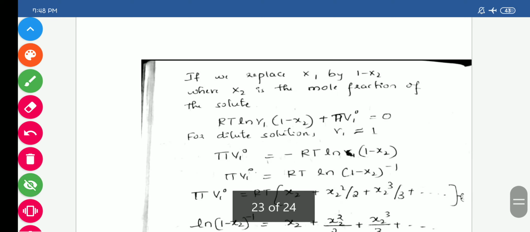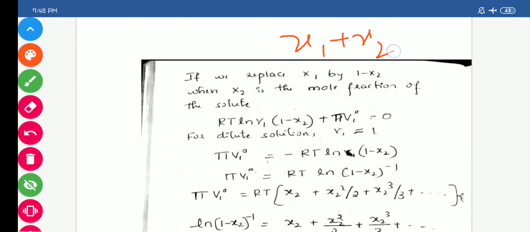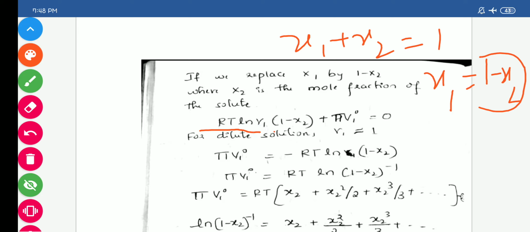Okay. From the expression I already explained, x1 plus x2 is equal to 1. Then x1 is equal to 1 minus x2. In equation 1 we replace x1 by 1 minus x2. So what happens? RT ln gamma 1 minus x2 plus pi v1 bar, replaced by v1 naught, is equal to 0. And for a dilute solution, the activity coefficient is equal to 1.